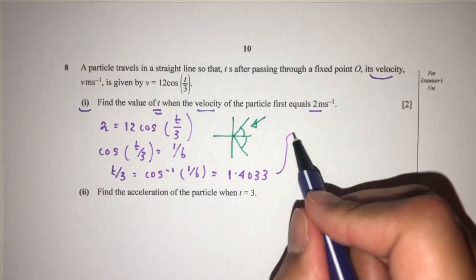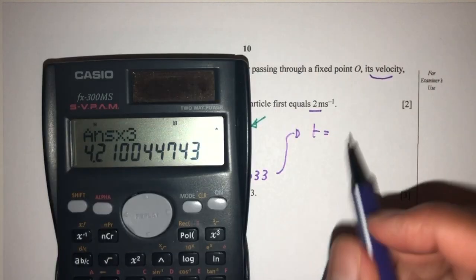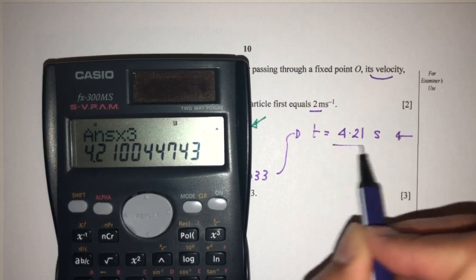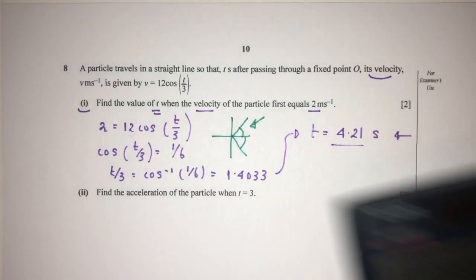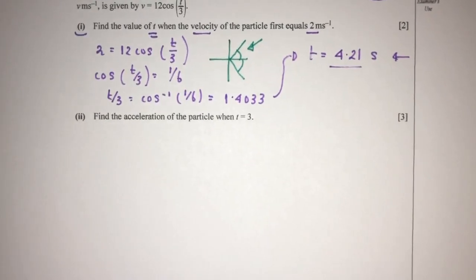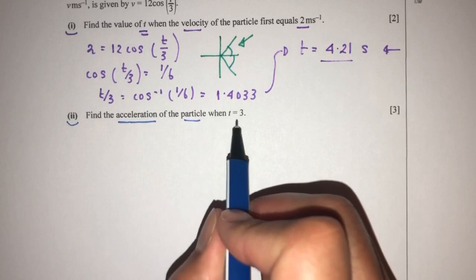Now finally from this, t has to be times 3, 4.21. Okay, this is your answer for part 1. This is the time at which the value of v is 2.